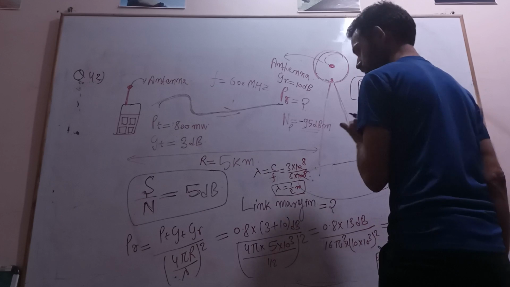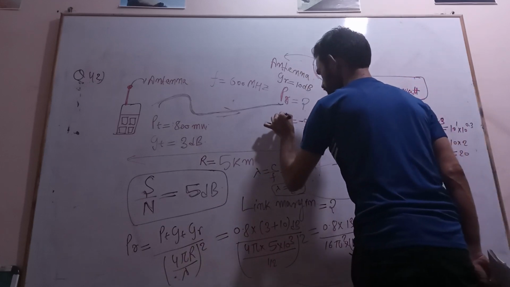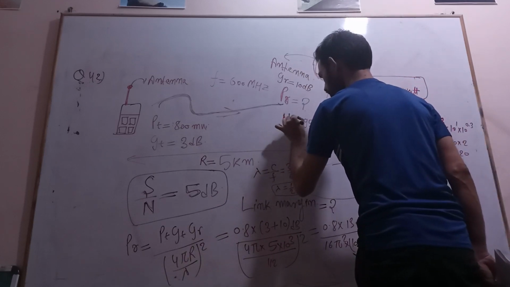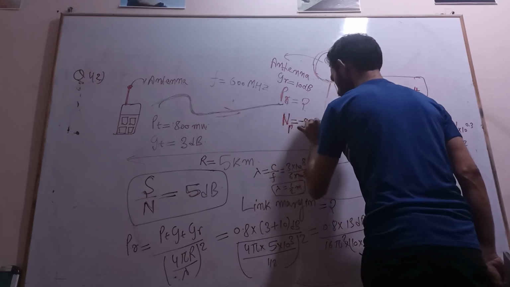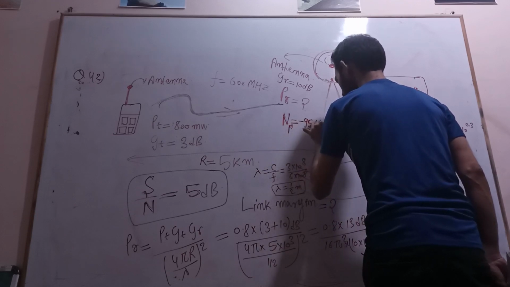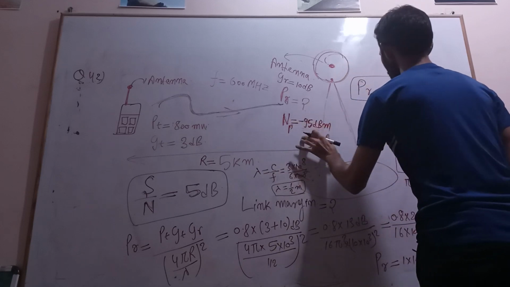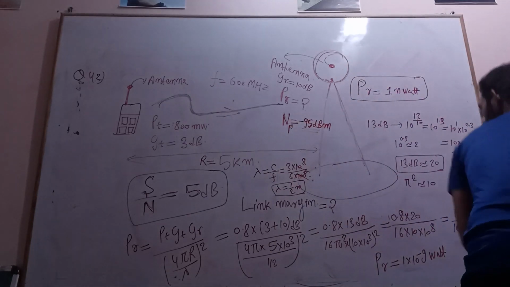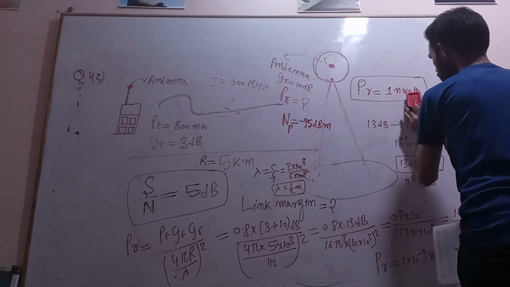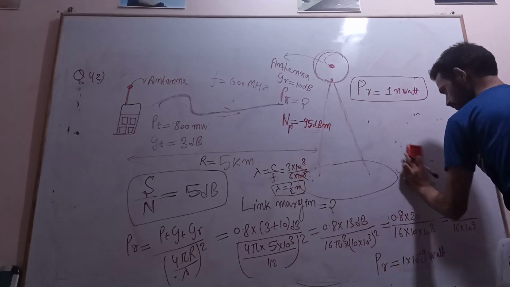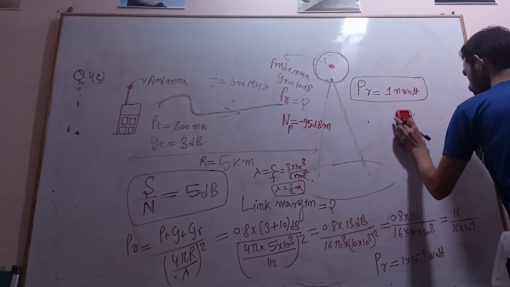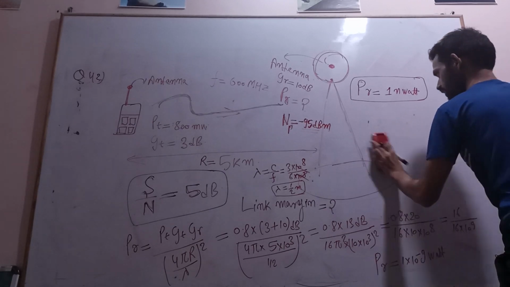Now, because here if you see, the noise power is given as 95 dBm. This power is given in dBm. So let us convert this received power also to dBm, then we can calculate the signal to noise ratio in dBm.